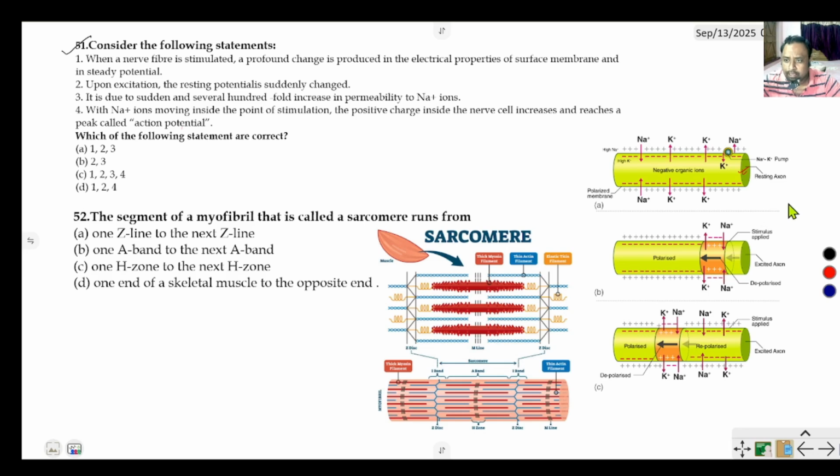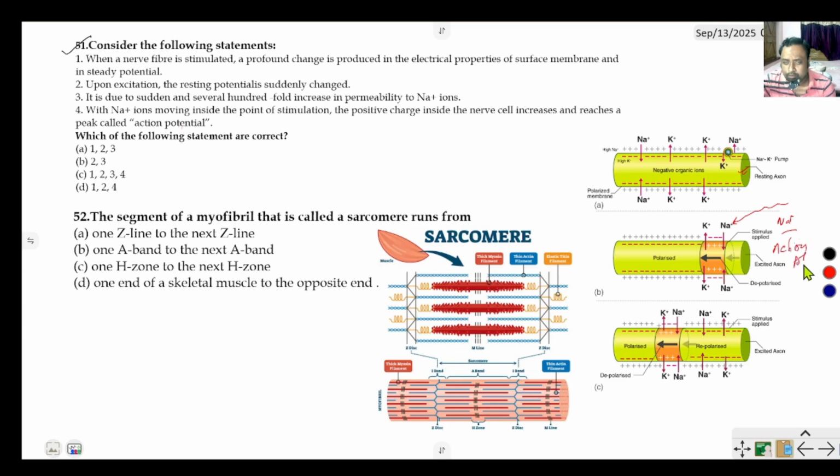When a stimulus comes from outside to the nerve cell, the resting potential is breached and the sodium channel is opened. So sodium enters inside the nerve fiber and potassium goes outside of the nerve fiber and produces action potential.